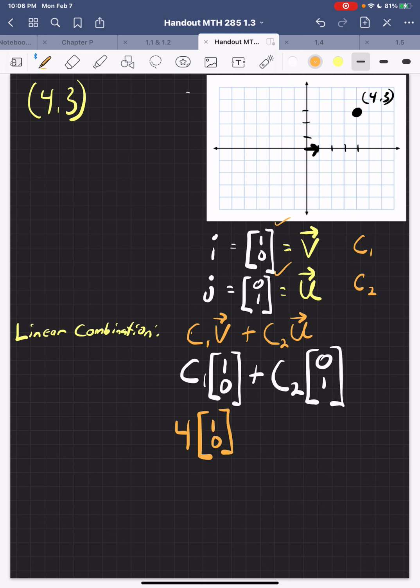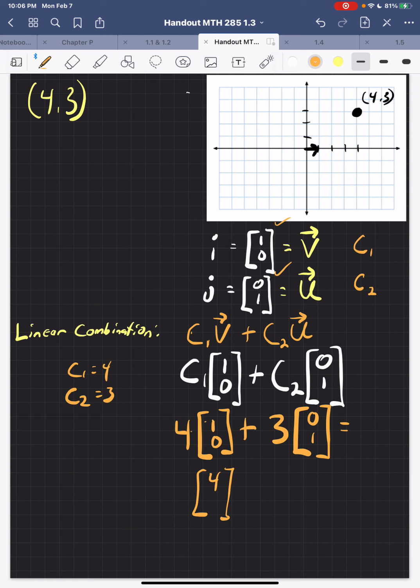If you chose 4 for C sub 1, and you chose 3 for C sub 2, let's do some arithmetic here. 4 times 1 is 4. 4 times 0 is 0. 3 times 0 is 0. 3 times 1 is 3. And finally, you can add: 4 plus 0 is 4, 0 plus 3 is 3.